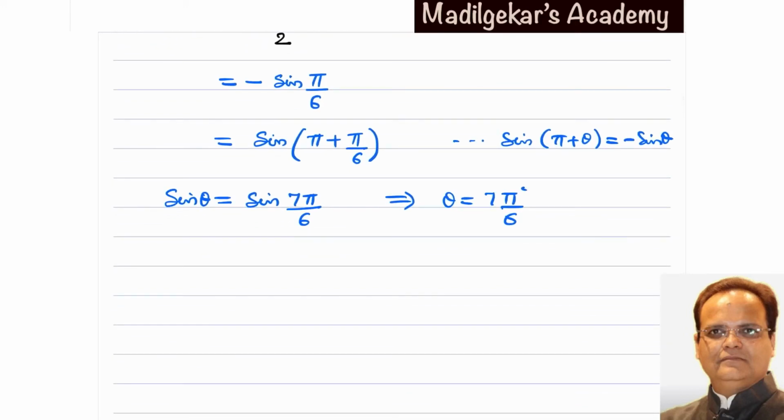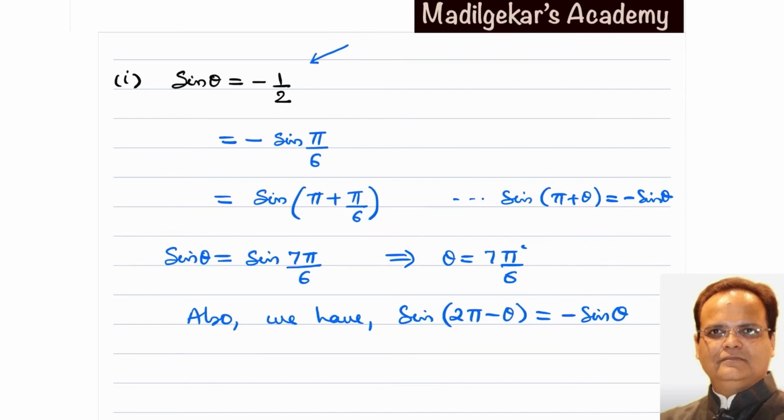We have one more allied angle formula. Also, we have sine of 2 pi minus theta equals minus sine theta. So in this question, you have to apply those allied angle formulae which give minus sine theta, as the RHS of the given equation is negative.